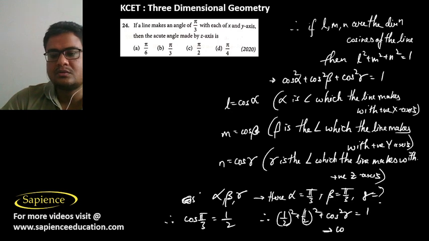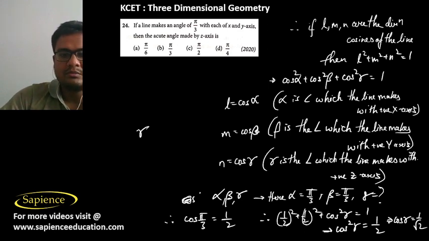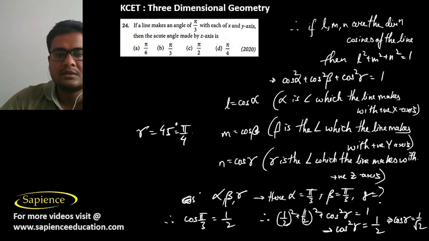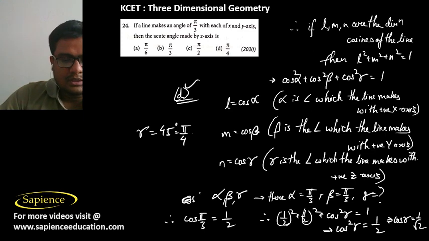So cos square gamma is equal to 1 minus, this is 1 by 4 plus 1 by 4, that is half, 1 minus half, that is also half. So cos gamma is equal to 1 by root 2. So gamma will be equal to 45 degrees, or I can say pi by 4. That means the acute angle which the line makes with the z-axis is pi by 4. Option D is the correct answer.